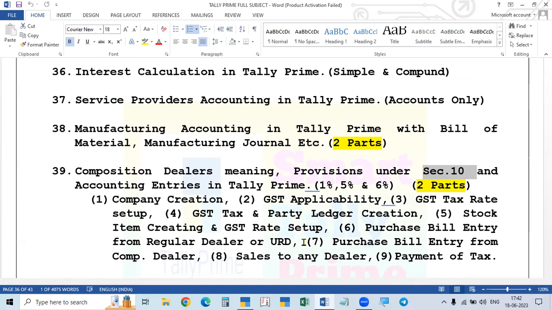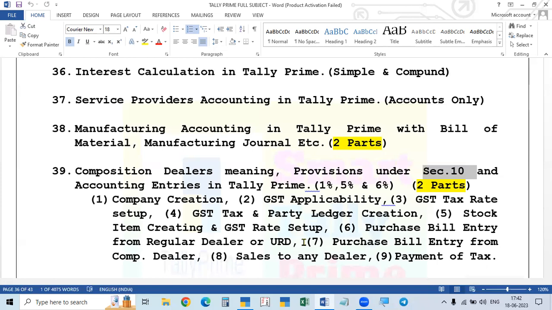Some traders sell goods through e-commerce operators. E-commerce operators like Swiggy, Zomato, Amazon, Flipkart provide a portal, an electronic platform for people to buy from others through them.